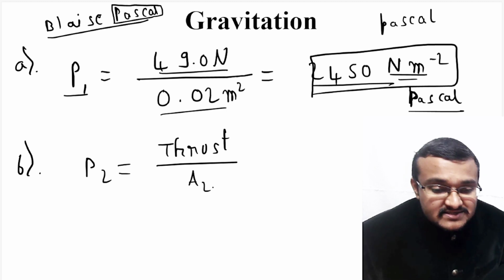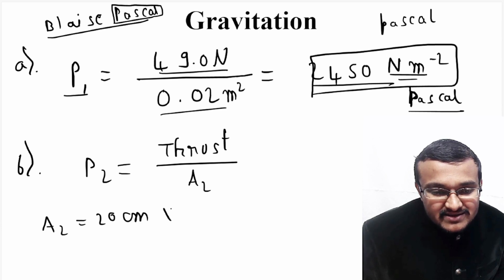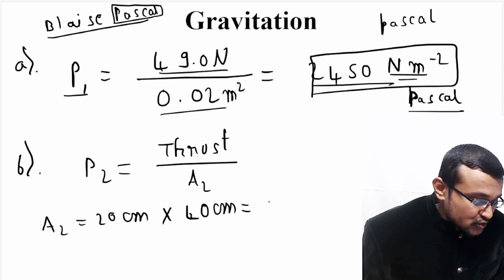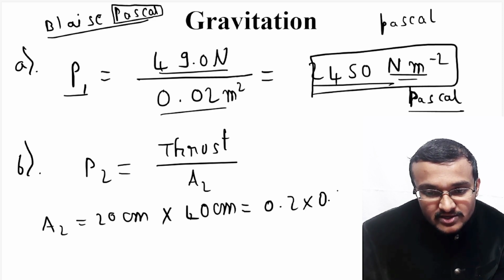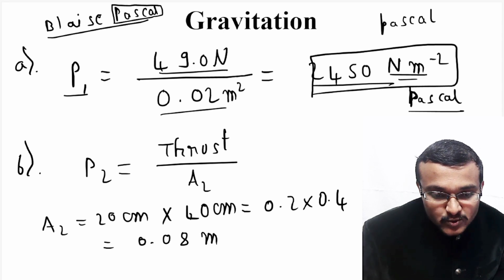So area A2 is 20 centimeter into 40 centimeter, which is 0.2 into 0.4 meter into meter. 0.2 into 0.4 is 4 twos are 8, so 0.08 meter square.